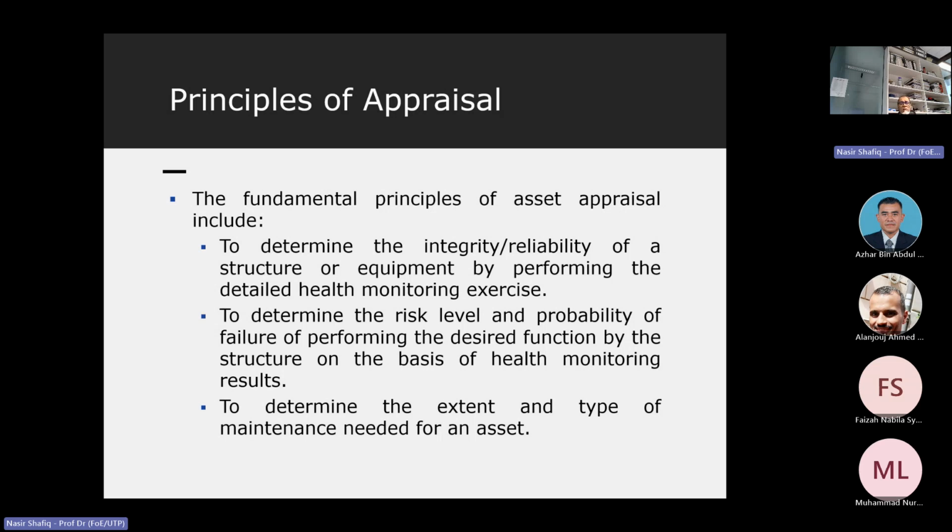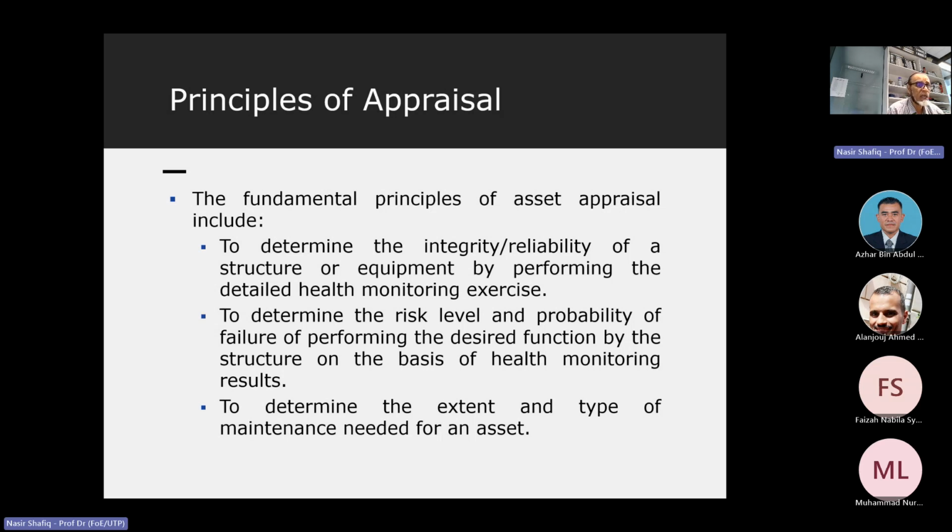It is not appraisal if you are just complying with some magic number, right? That magic number will give you the condition of today, but without detailed analysis you cannot predict or find the reliability of the next few years, right?